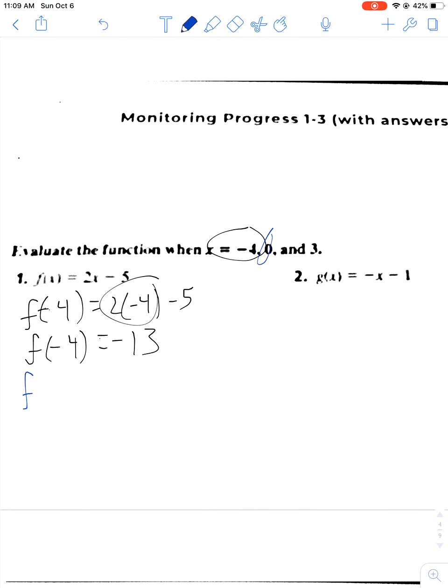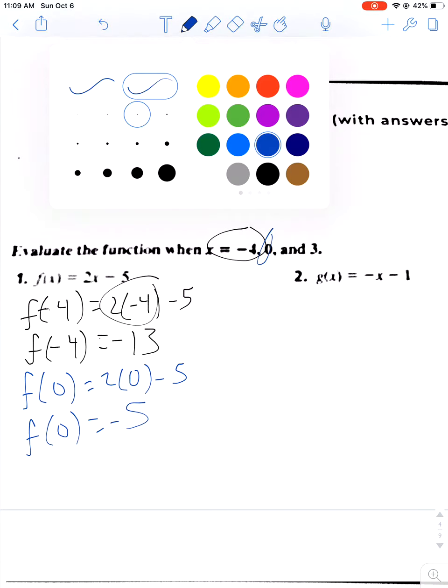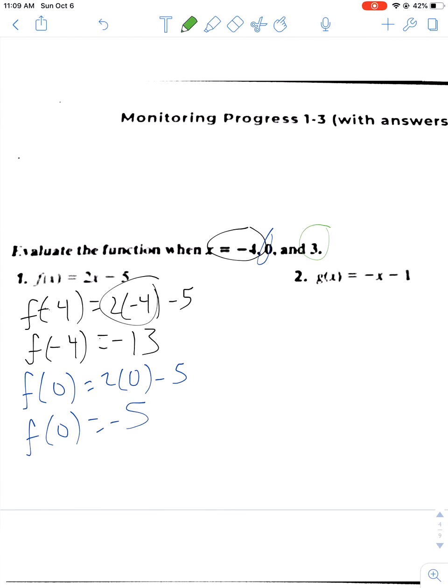So this is f of 0 equals 2 times 0 minus 5. Well, 2 times 0 is 0. Minus 5 is negative 5. And the last one, green. Why not? 3. So replace each x with 3. So that's 2 times 3, which is 6. Minus 5 is 1.